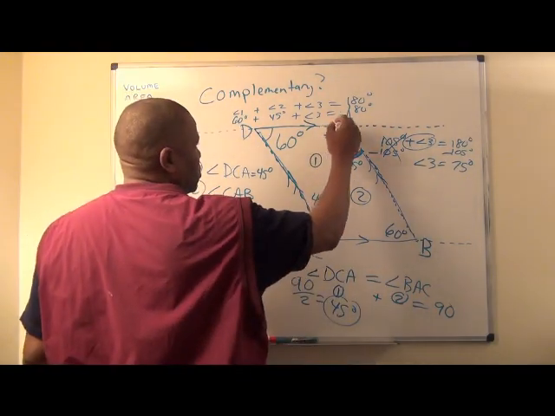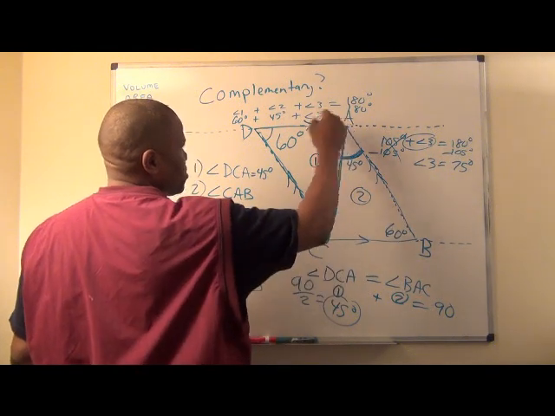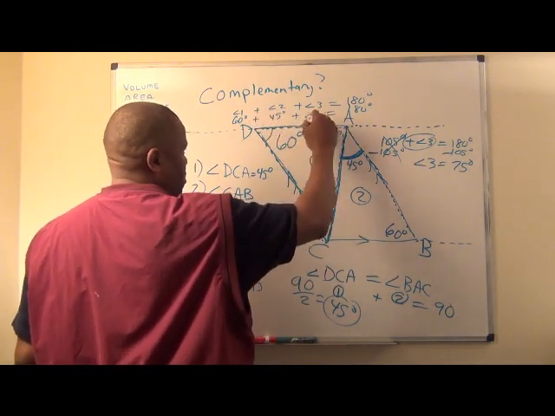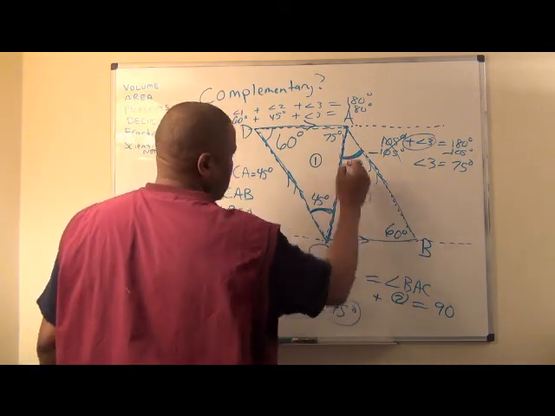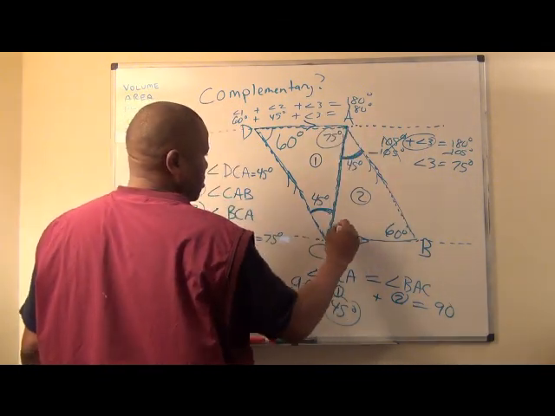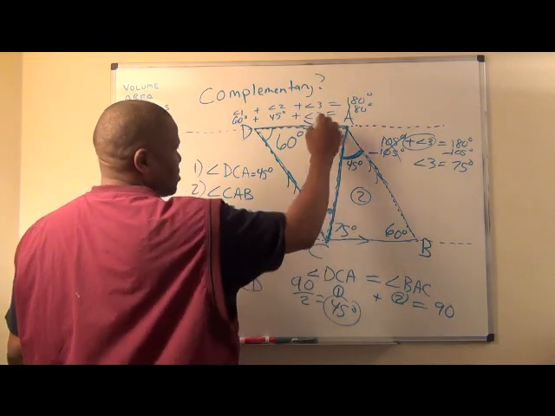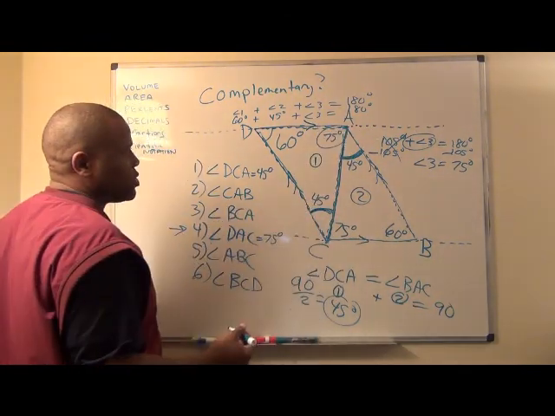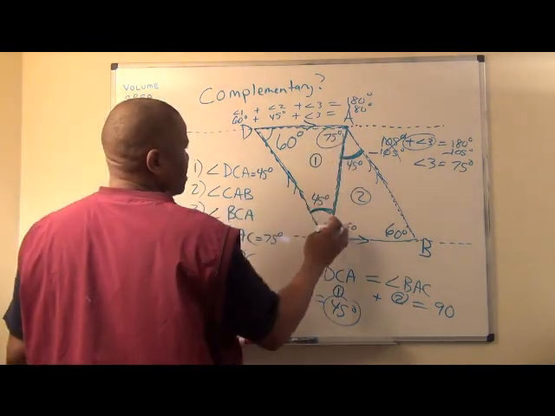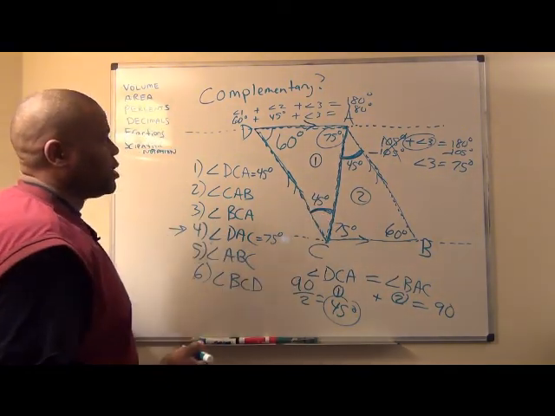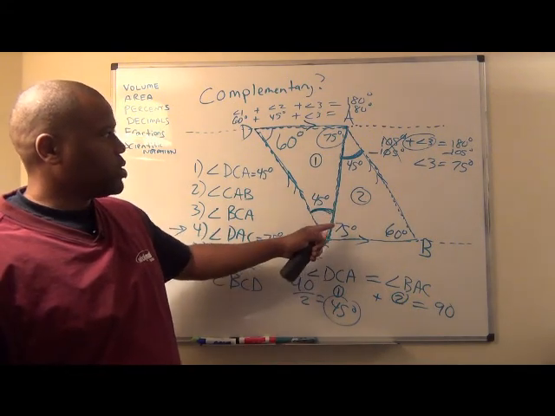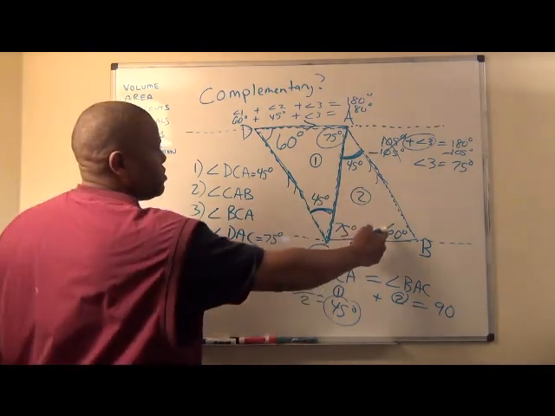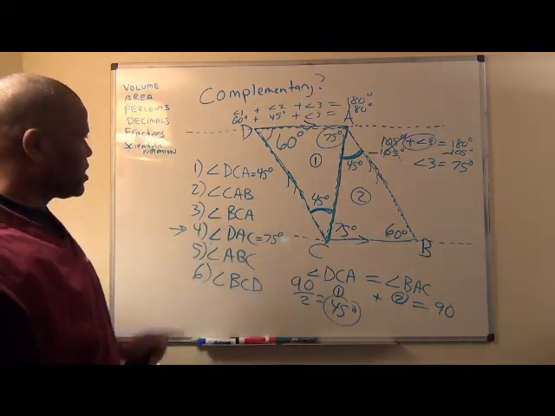The reason that's 60 degrees is because we also have alternate interior angles here, 75 and 75. If we know 45 and 75, when you add that together, that's 120. So 180 minus 120 leaves you 60. So let's fill them in.